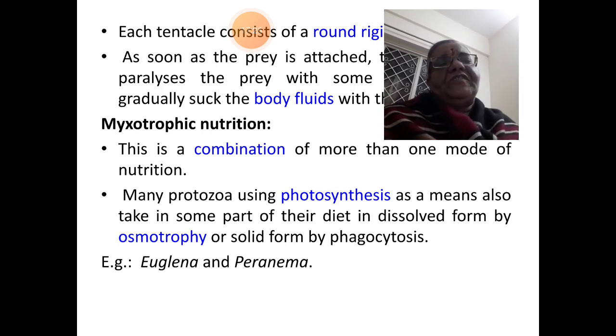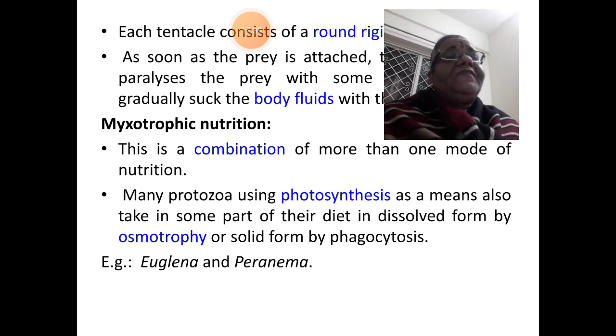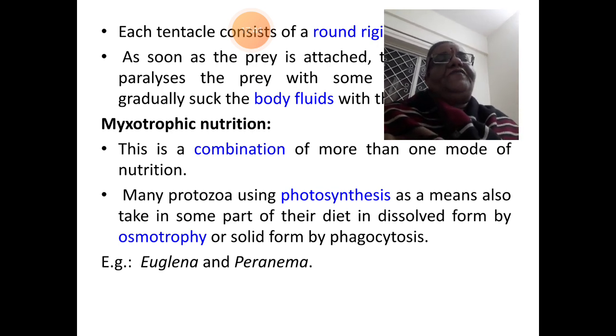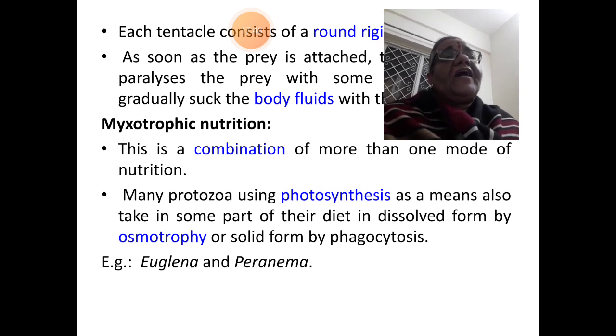Many protozoans like Euglena and Peranema, which are normally capable of photosynthesis, also take in some part of their diet in dissolved form by osmotrophy or in solid form by phagocytosis.